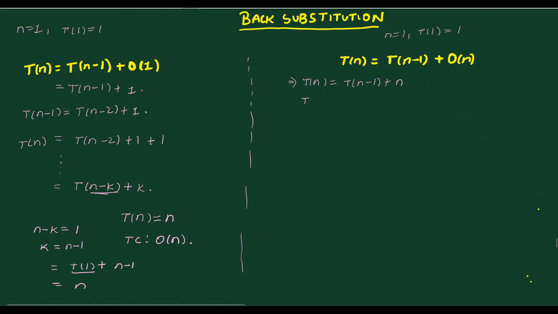So t of n minus 1 can be written as t of n minus 2 plus n minus 1, right? I have replaced n with n minus 1. So let us substitute it. We will get t of n equals t of n minus 2 plus n minus 1 plus n.